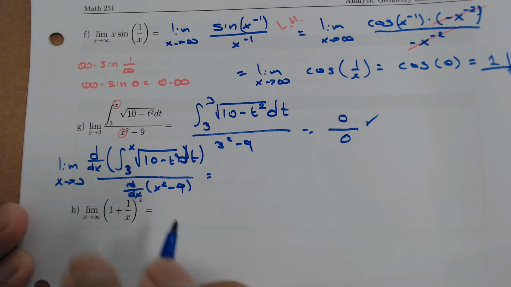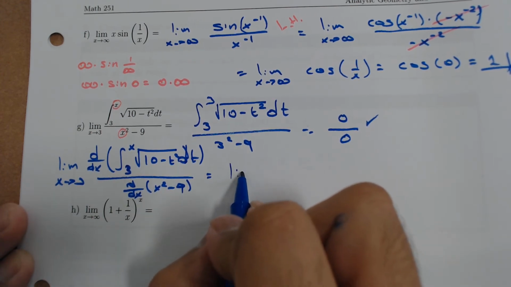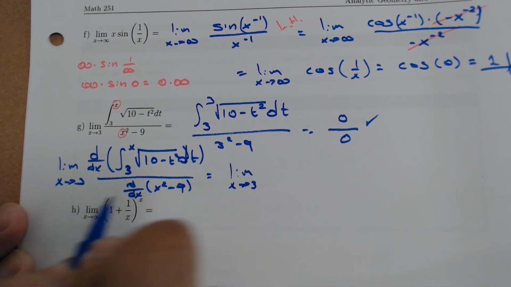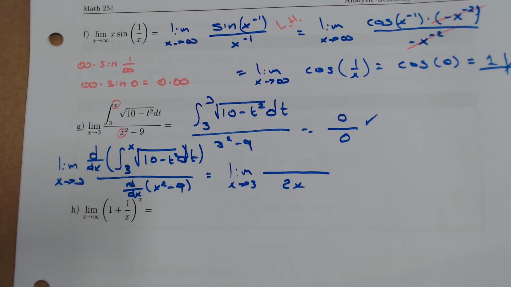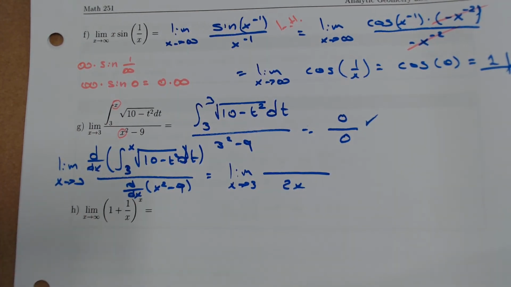All right, the denominator is the derivative of the denominator. It's just 2x. But the numerator, the derivative of the numerator, well, what happens when you integrate, regardless of the limits, regardless of the function, but then you apply the derivative operator again?